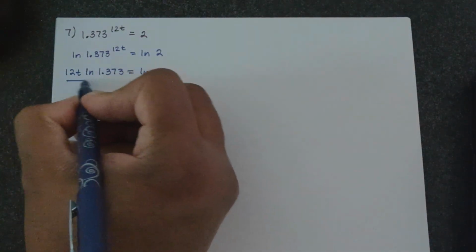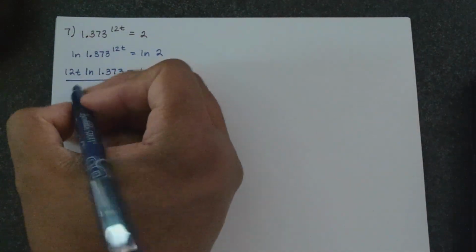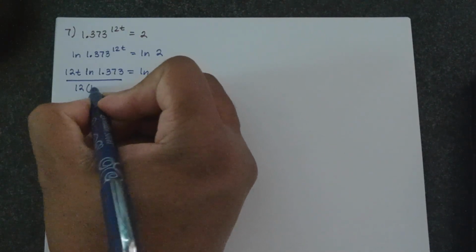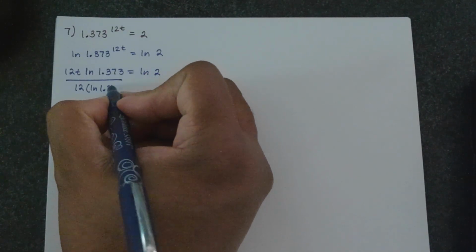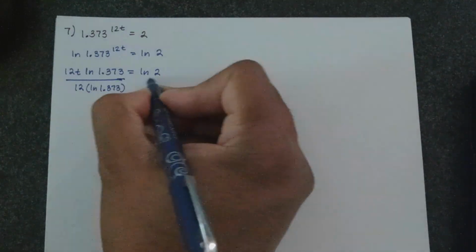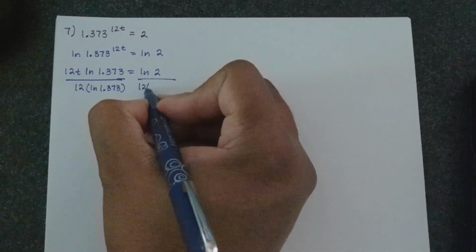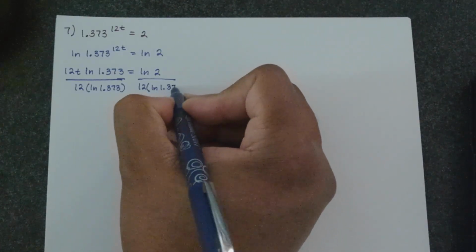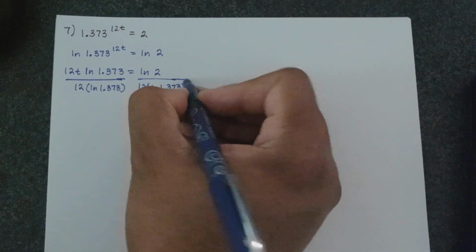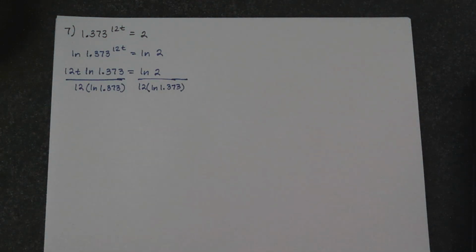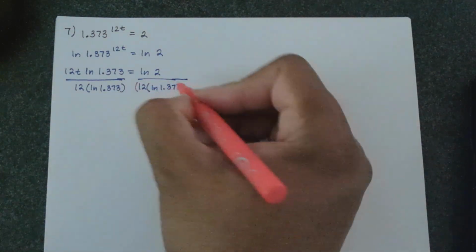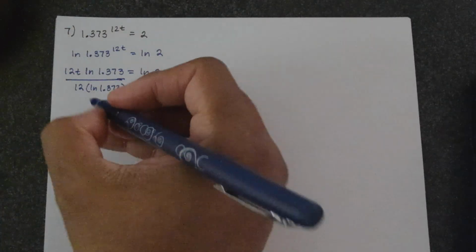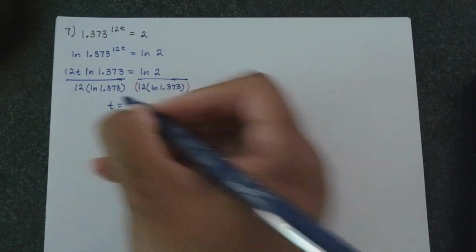Now, the way we're going to get t by itself is to divide both sides by the 12 and, of course, the natural log of 1.373. When we do this in the calculator, the whole denominator needs to be in parentheses. So here, t will be by itself.